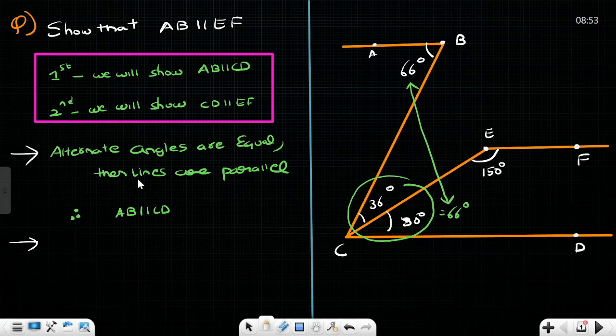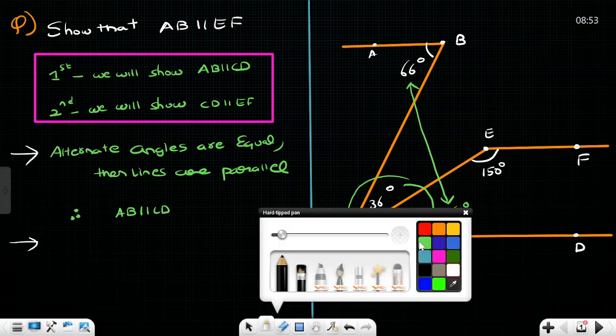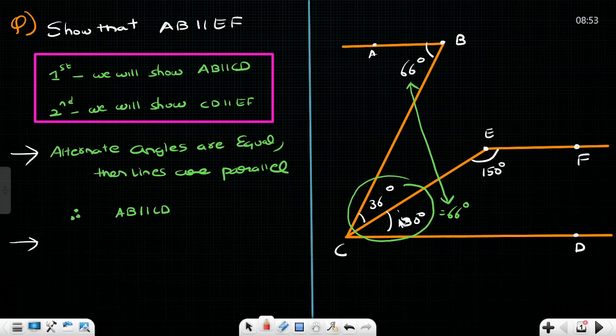Now the second statement. If you see carefully, I will write this with red color. This angle is 30 and this angle is 150. So 30 plus 150 is 180 degrees, both angles add up to 180. That shows that lines are parallel.